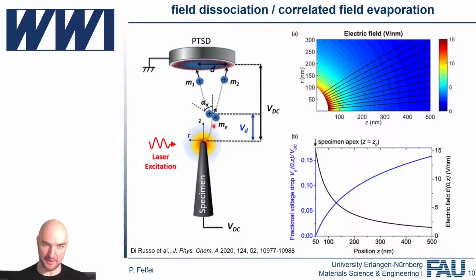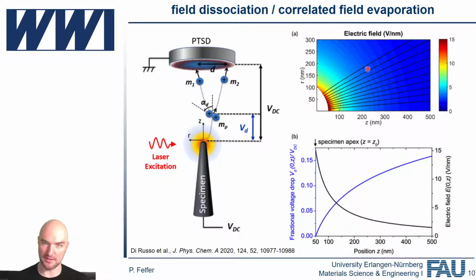So this can happen somewhere inside the field, usually inside the field of the specimen, or where there's still a marked field. This is actually from a paper from the group in Rouen, where they've just plotted the electric field versus the distance to this simulated sample here.